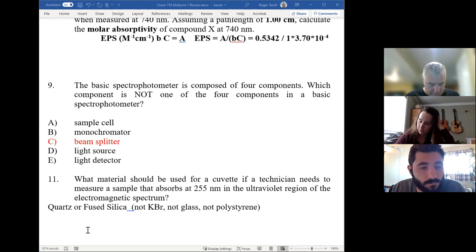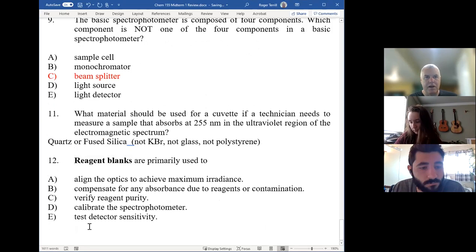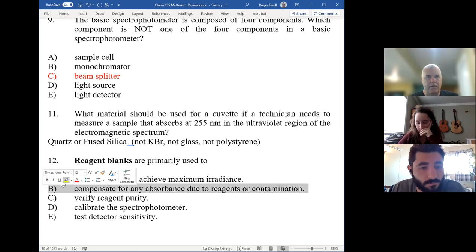Here's a good blast from the past. Reagent blanks are primarily used to align the optics, compensate for absorbance, verify reagent purity, calibrate the spectrophotometer, test detector sensitivity. Really, the only function of a reagent blank is to compensate for absorbance due to reagents and/or contamination.